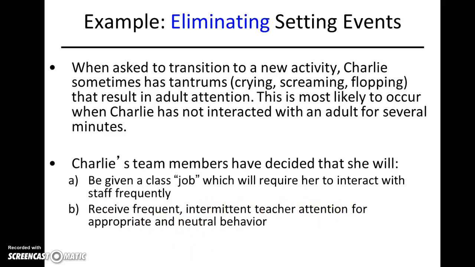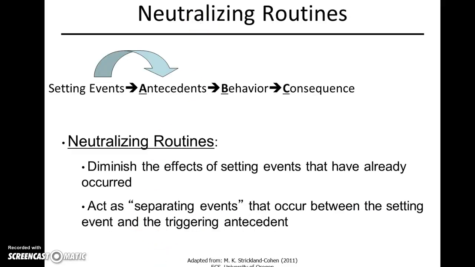Okay, so neutralizing routines: when we have the setting events here, it affects the antecedent, right? The neutralizing routine diminishes the effect of a setting event that has already occurred. So it acts as a separate event that occurs between the setting event and the triggering antecedent.